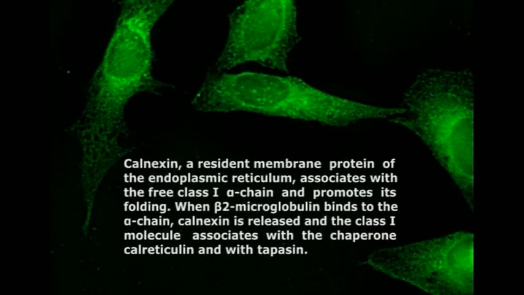Calnexin, a resident membrane protein of the endoplasmic reticulum, associates with the free class I alpha chain and promotes its folding. When beta 2 microglobulin binds to the alpha chain, calnexin is released and the class I molecule associates with the chaperone calreticulin and with tapasin. Tapasin, TAP-associated protein, brings the TAP transporter into proximity with the class I molecule and allows it to acquire an antigenic peptide.